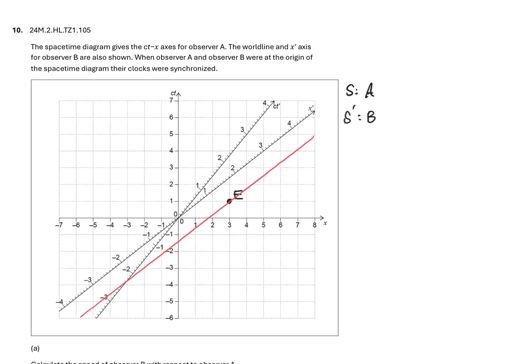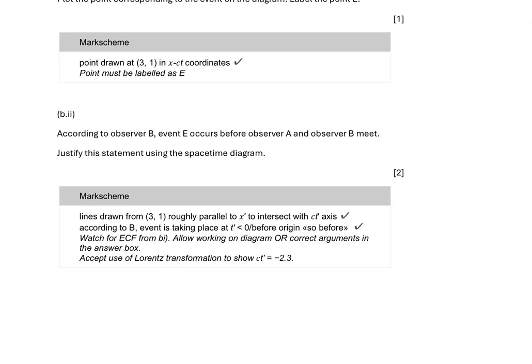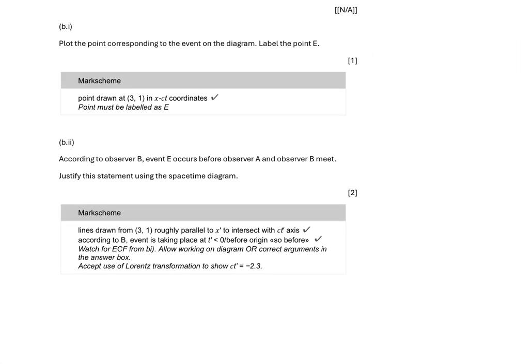So here is the line for E parallel to the x prime axis to see where E would intercept with the ct prime axis, and it looks like it intercepts at about maybe negative 2.3 or somewhere around there. But yes, that is in negative time. So if we go back to here, E occurs before A and B meet.